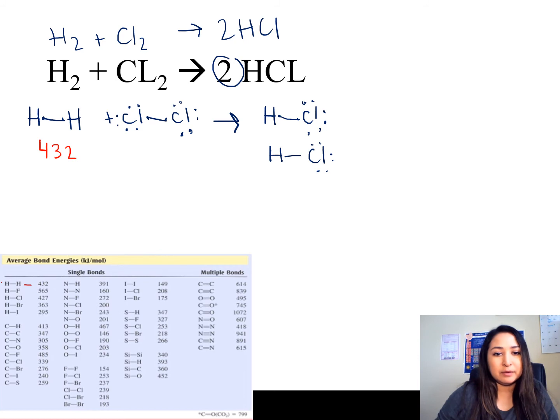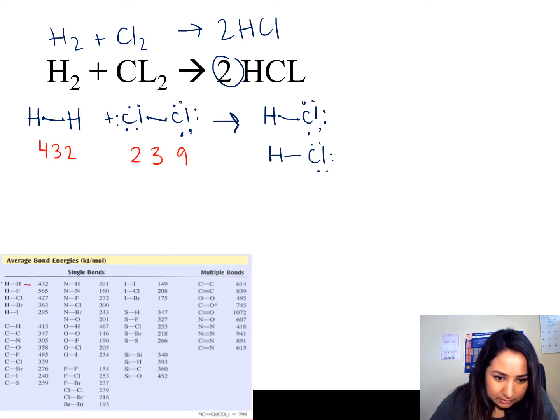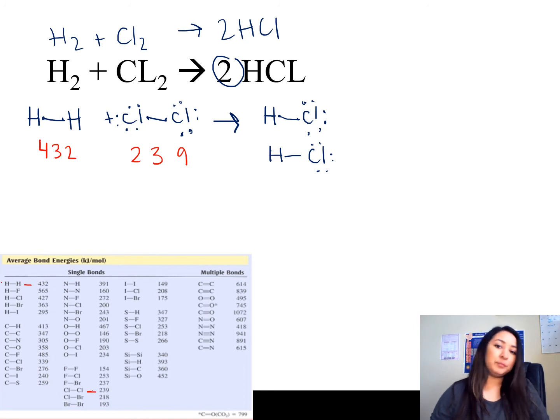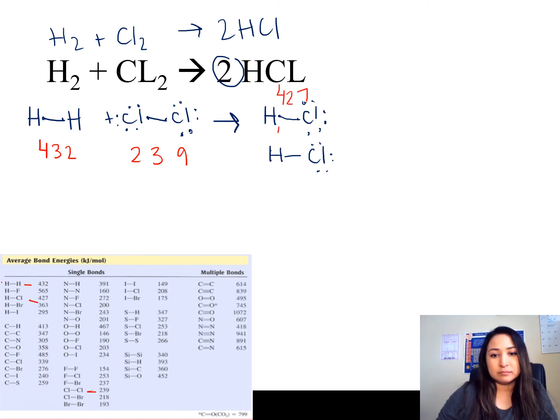And then we have Cl to Cl, so chlorine to chlorine, that is 239. And if you look closely, it's right here. And then from H to Cl, hydrogen to chlorine, that's right there, that is 427. And it's for each bond.